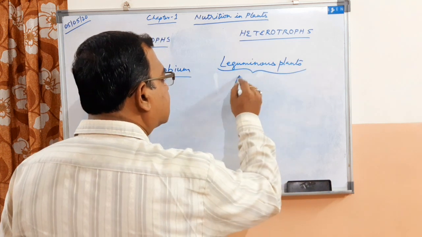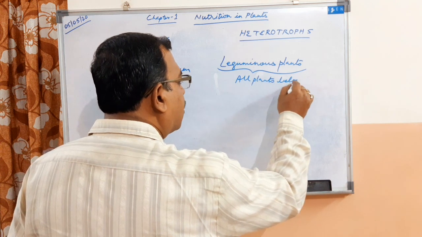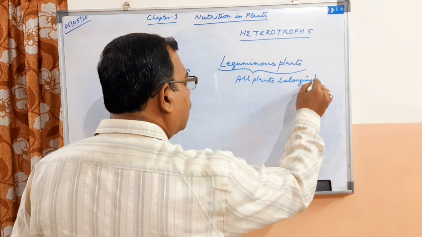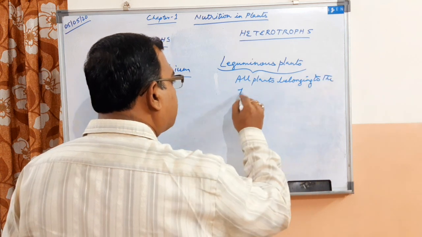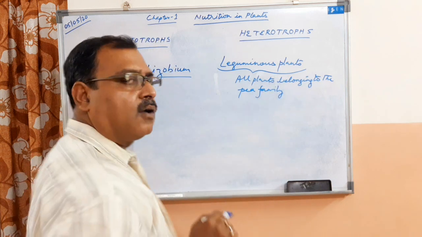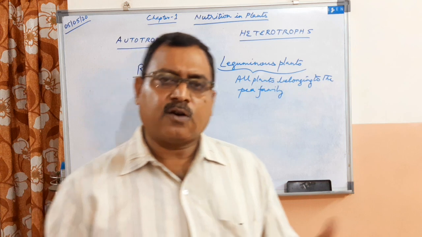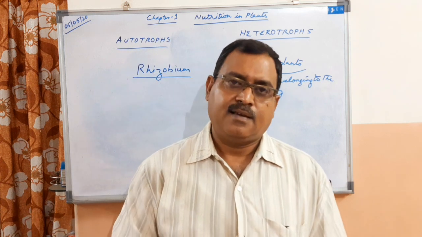All plants belonging to the pea family are called leguminous plants. Like commonly we say all types of dals, pulses.